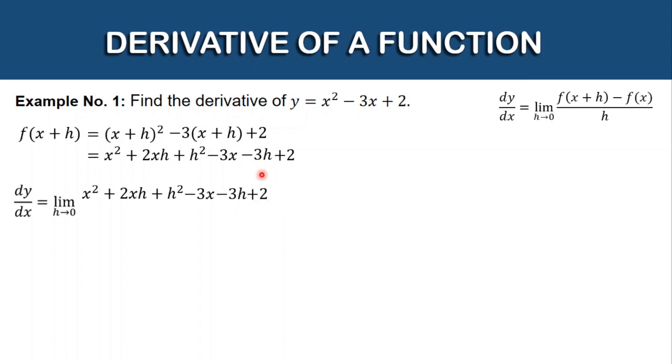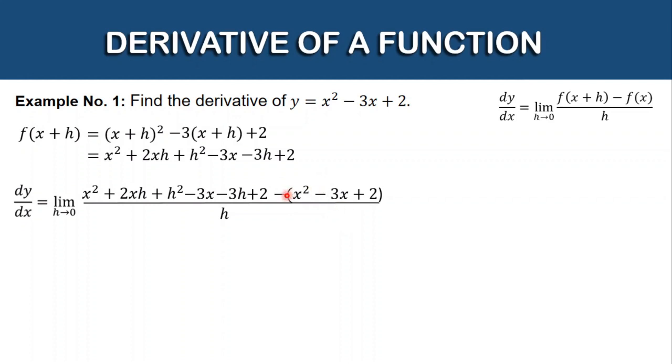So ito yung part na f of x plus h. Then minus the function. So the function is x squared minus 3x plus 2. So isusubtract natin siya dito. Okay? All over h.